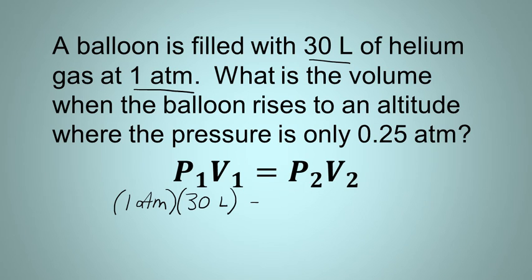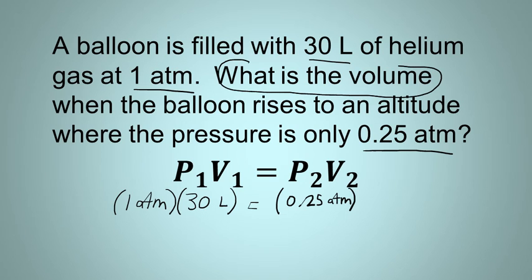And that's equal to P2, which is the final pressure. The final pressure is 0.25 atmospheres. And then we have V2, which is the final volume. That's what we're trying to solve for, because the question asks what is the volume at this new condition. So we're going to be solving for V2.